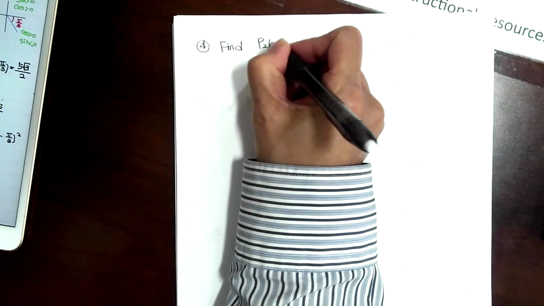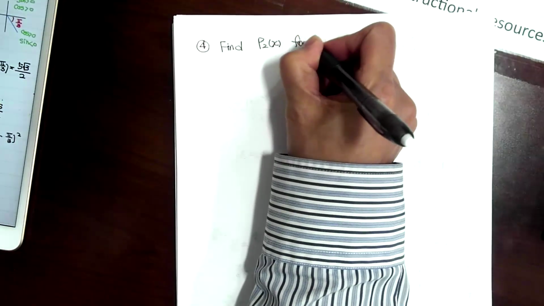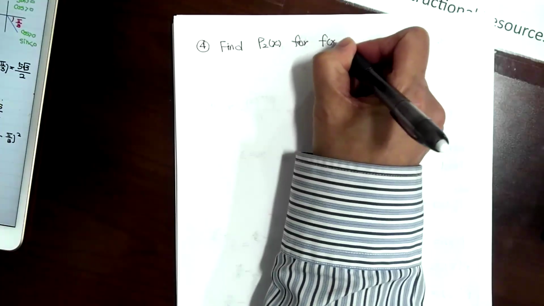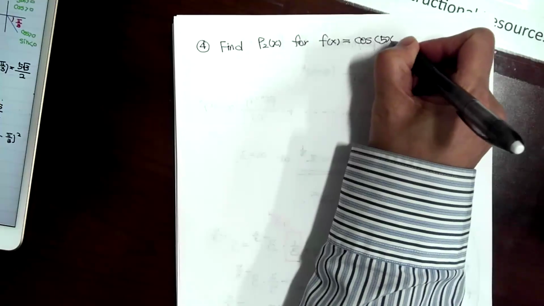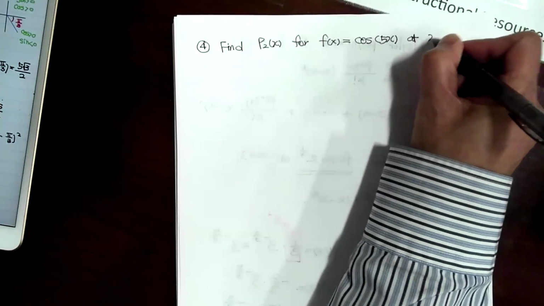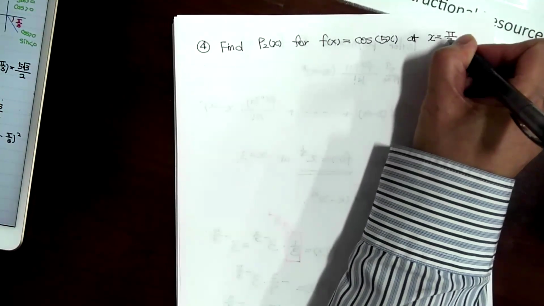Find P2 of x for f of x equals cosine of 5x at x equals pi over 3.